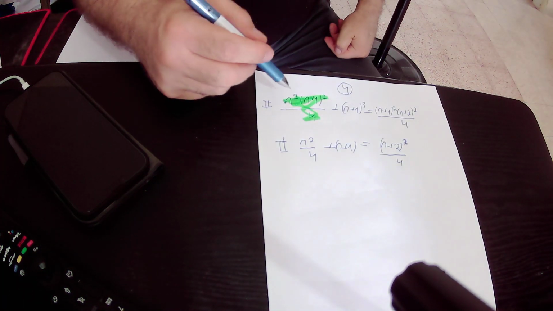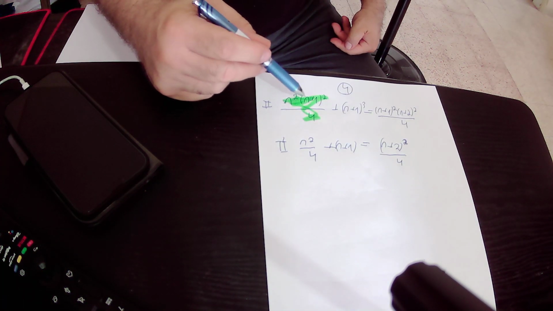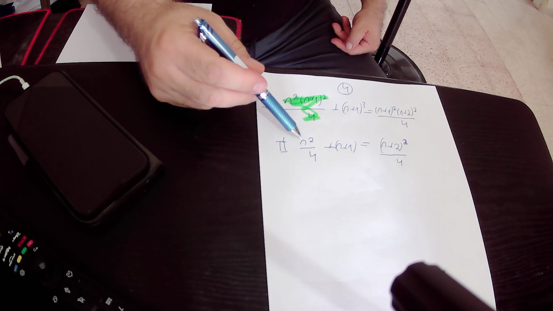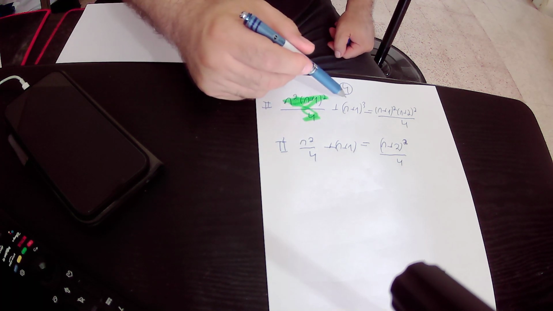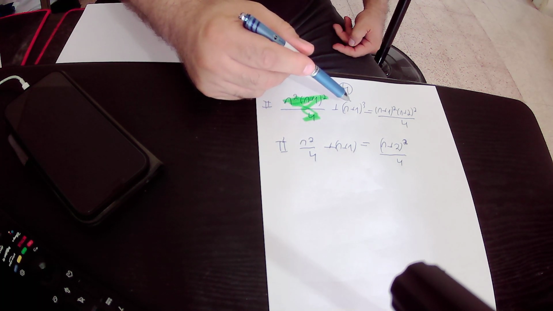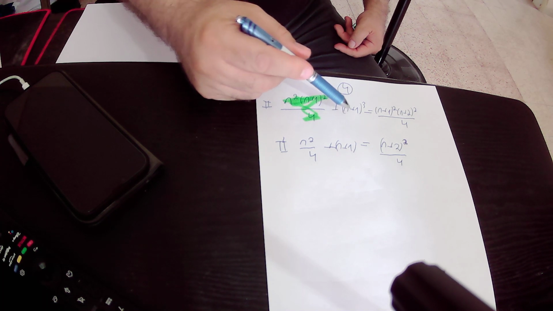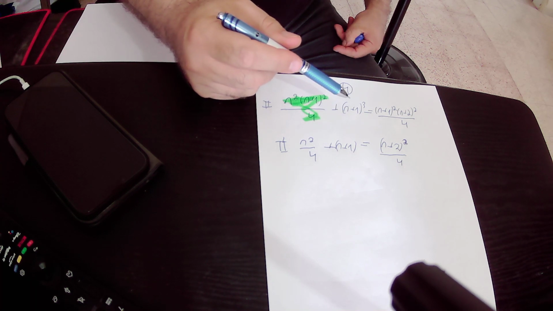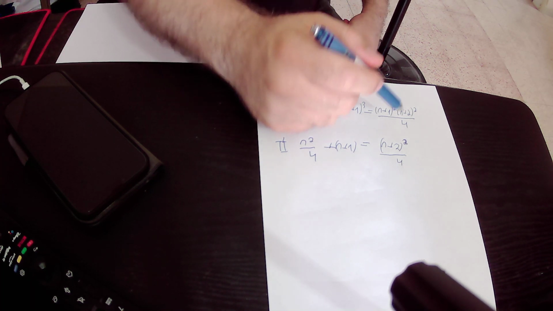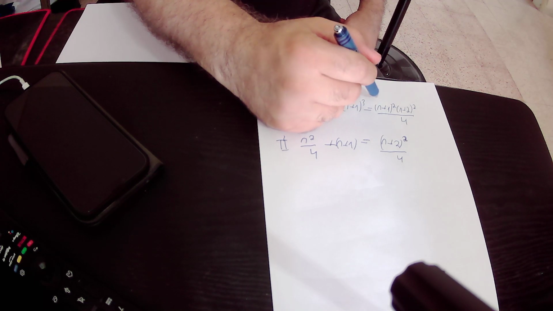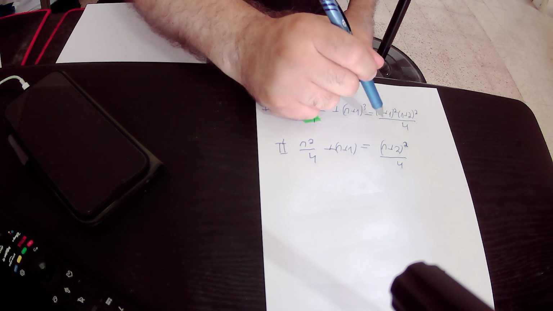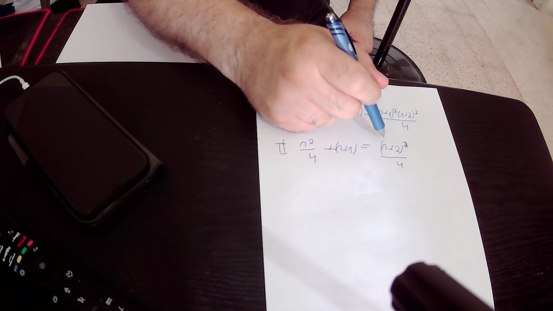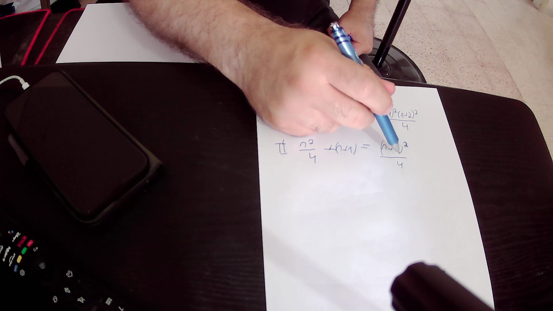So after we divided this expression by n plus 1 squared, we got n squared divided by 4, and n plus 1 to the power of 3 divided by n plus 1 squared. What we left is n plus 1. All equals, we divide this expression by n plus 1 squared and what is left is n plus 2 squared divided by 4.